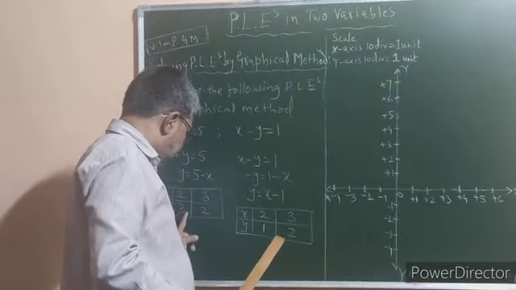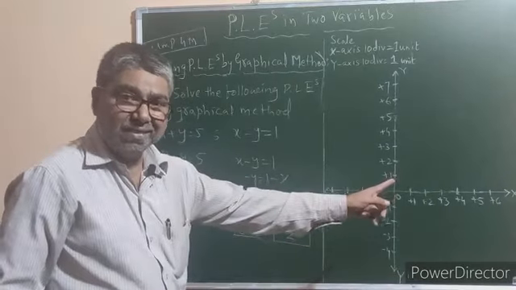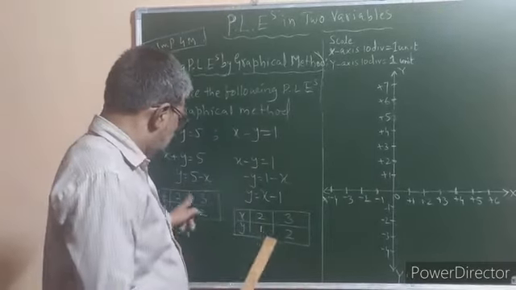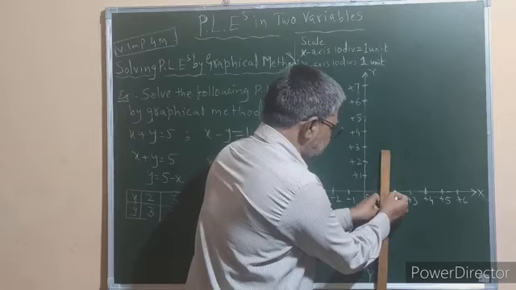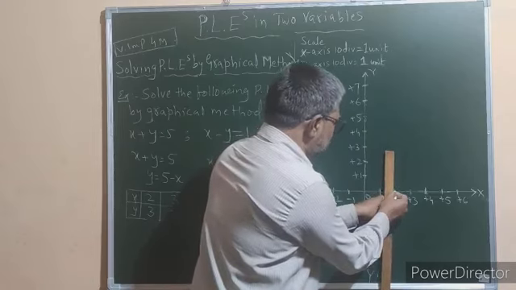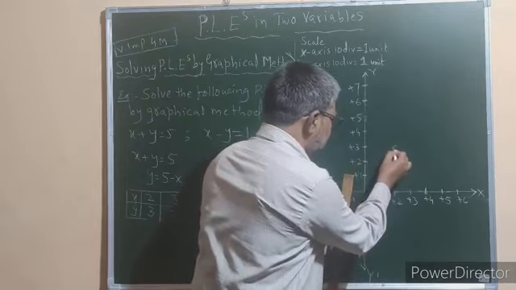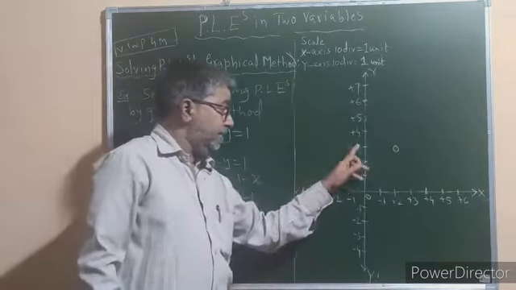The first ordered pair is (2, 3). The value of x is to be taken on the x-axis and the value of y is to be taken on the y-axis. (2, 3) means 2 is here on the x-axis, and for y, 3 means you have to move vertically upwards. So this is the point showing abscissa and ordinate as 2 and 3.